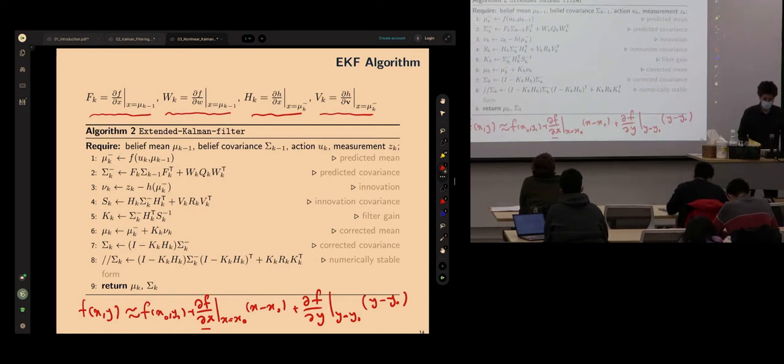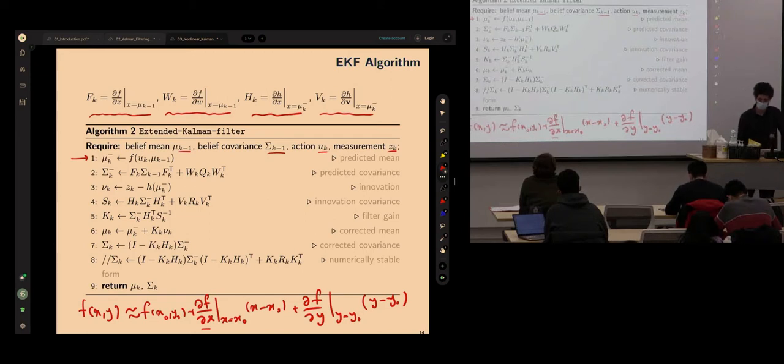So let's see how we can modify the algorithm. First step, the input is the mean and covariance of the belief at time step k minus 1. We need the action and the measurement as the input. Use the nonlinear process model to predict the mean.